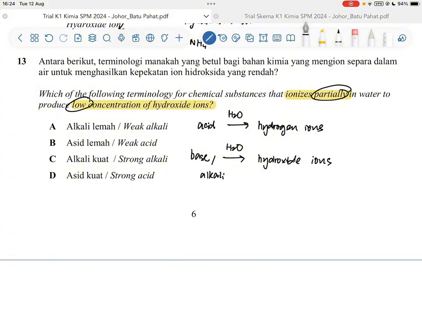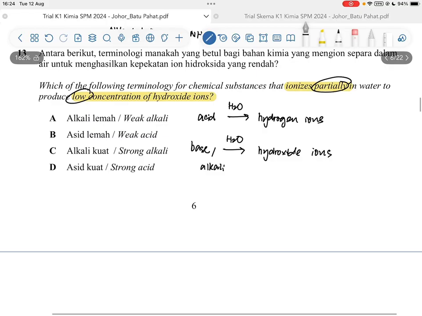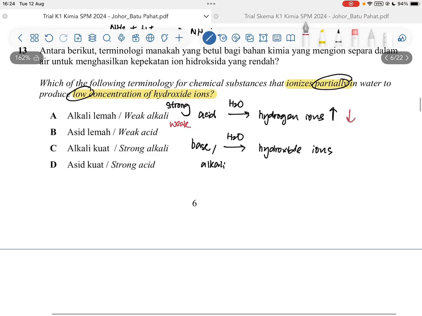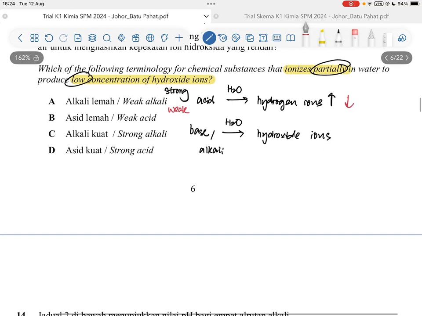So there is a difference between low concentration hydroxide ion and high concentration of ions. Definitely, a strong acid will produce more hydrogen ions, while a weak acid will produce low concentrations of hydrogen ions.